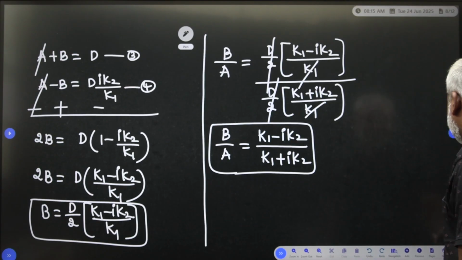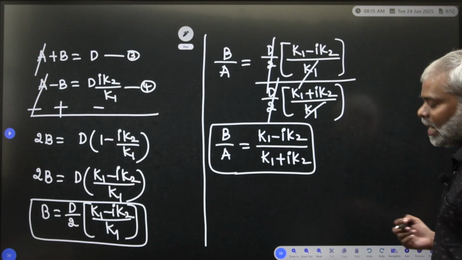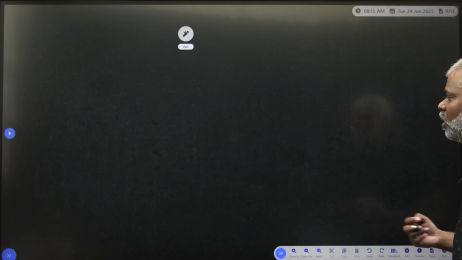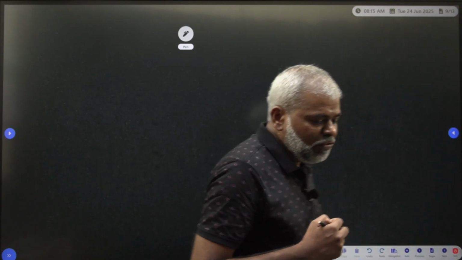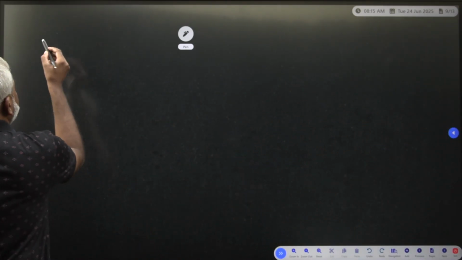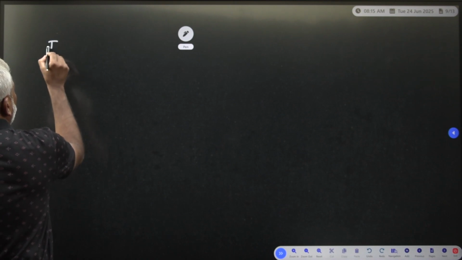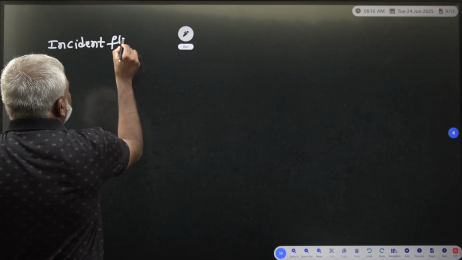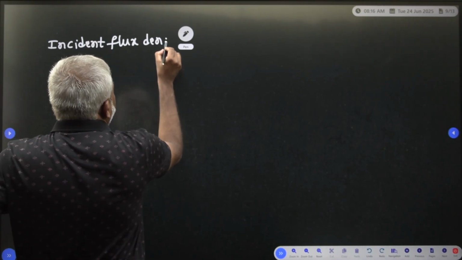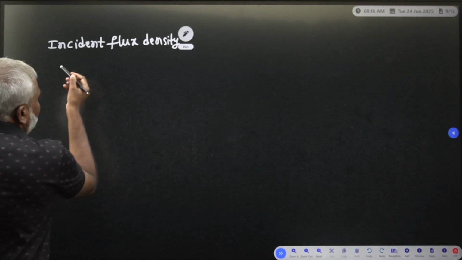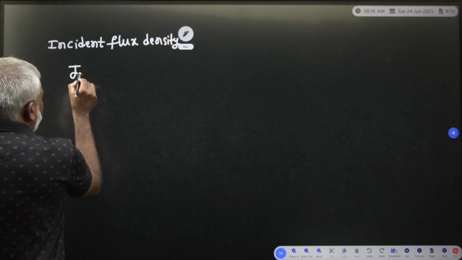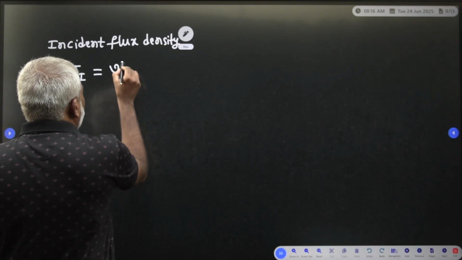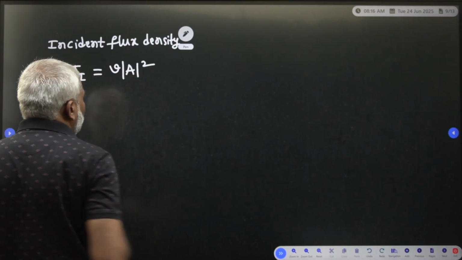Now we need to calculate the reflection coefficient and the transmission coefficient. Before that, we need to calculate the current density, or incident flux. The incident flux density is nothing but the current density Ji, which is equal to velocity into the modulus of A whole square.